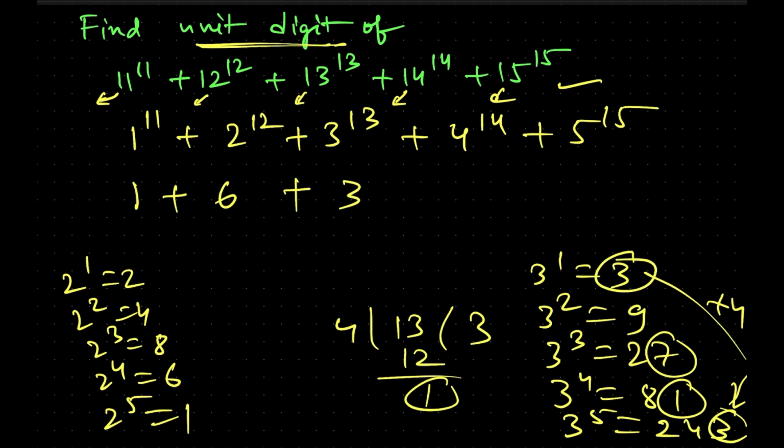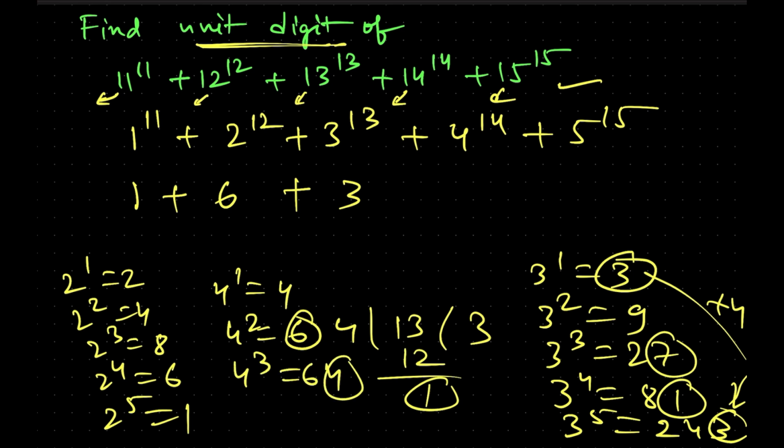Similarly for 4: 4 squared is 16, so 6 is at the final unit place. 4 cubed is 64, so again we get 4. So the cyclicity of 4 is either 4 or 6. When the power is odd we get 4, and when it is even we get 6.